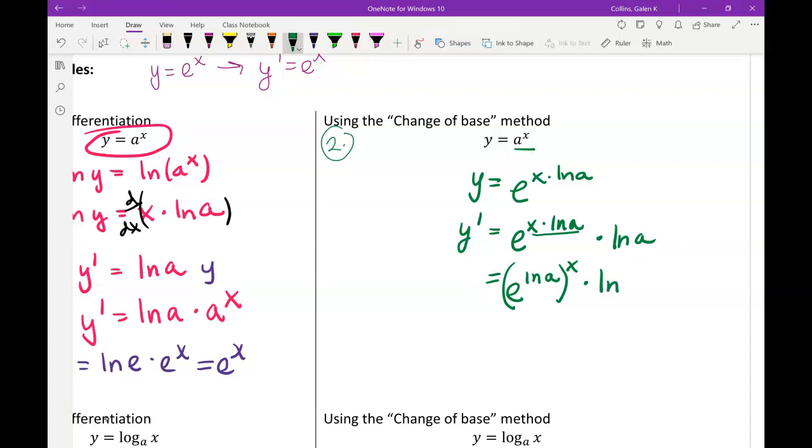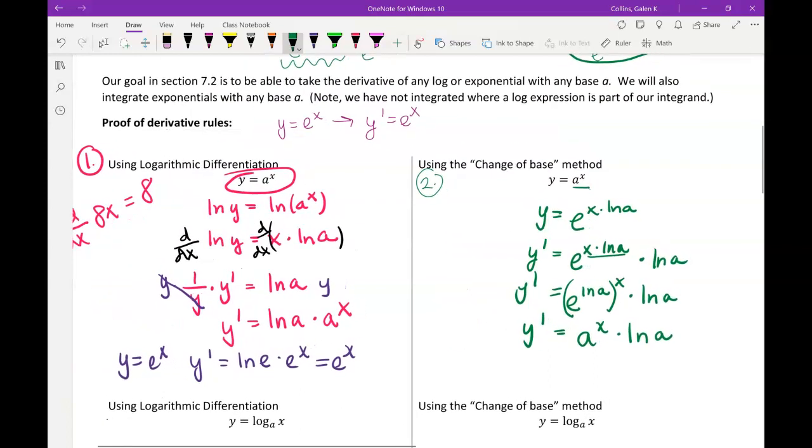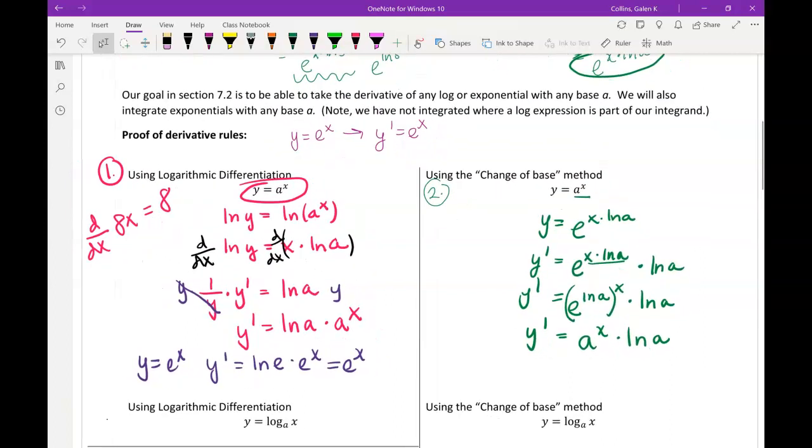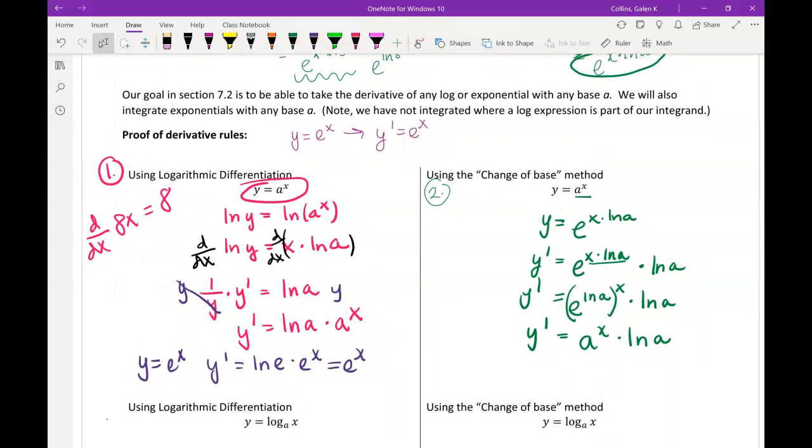I still have my times ln of a out here, and e to the ln of a just becomes a. So I get a to the x times ln of a, both times that I do that. All right, so that's one of the rules that we're gonna want to memorize, but if you forget it, there are two options for how we could derive it algebraically.